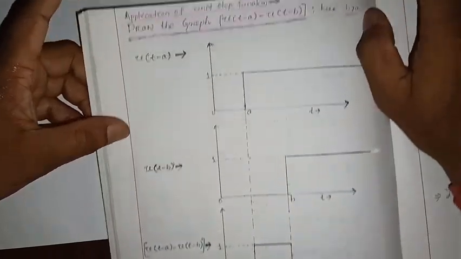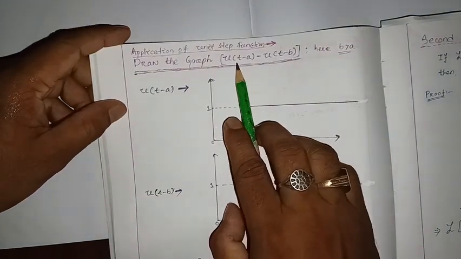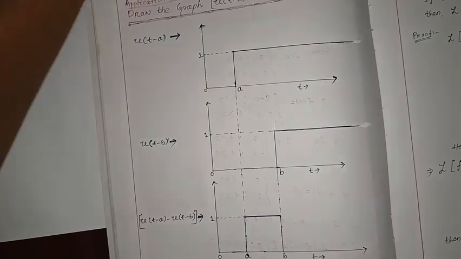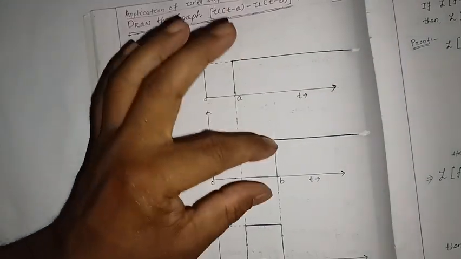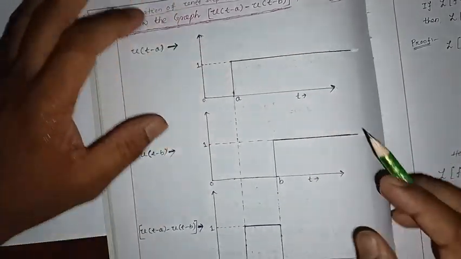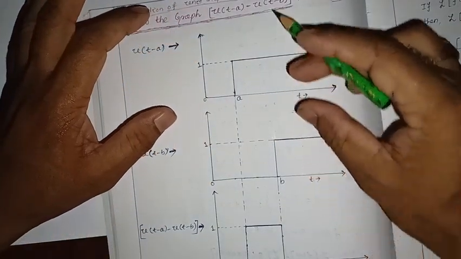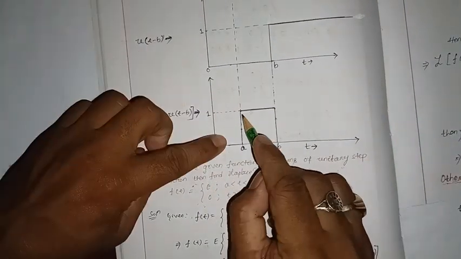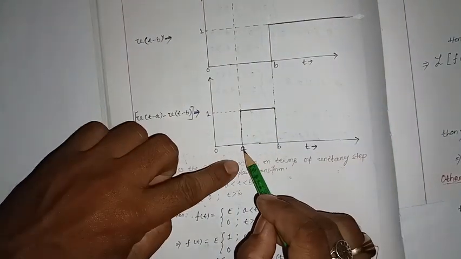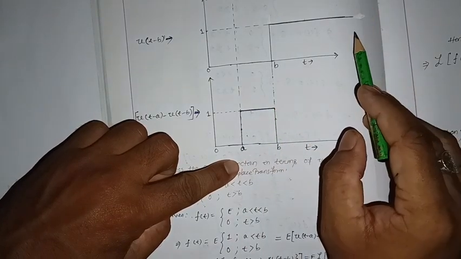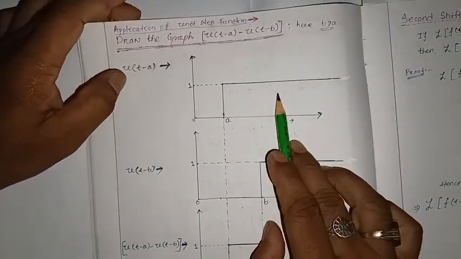Okay, so we have to draw u(t minus a) minus u(t minus b). If I subtract this graph from this graph, only this portion will remain. So in between a and b the graph remains and the rest is subtracted away.